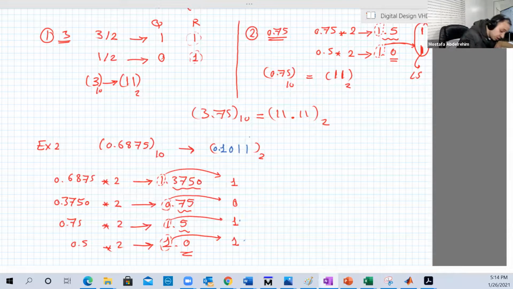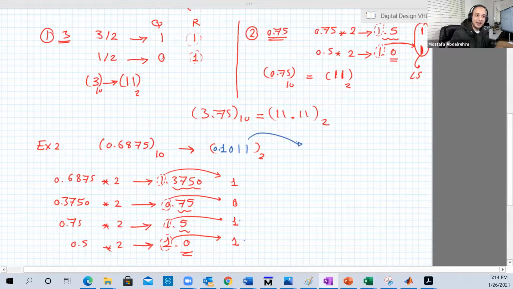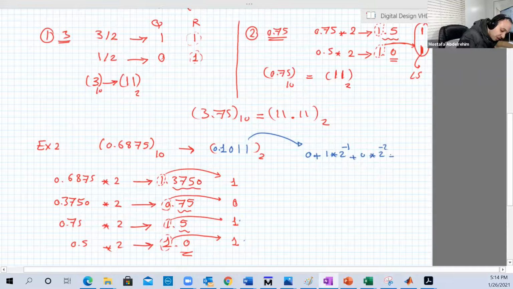Okay, let's do another check. Let's convert this back. So this is 1 multiplied by 2 to the minus 1, plus 0 multiplied by 2 to the minus 2, plus 1 multiplied by 2 to the minus 3, plus 1 multiplied by 2 to the minus 4.